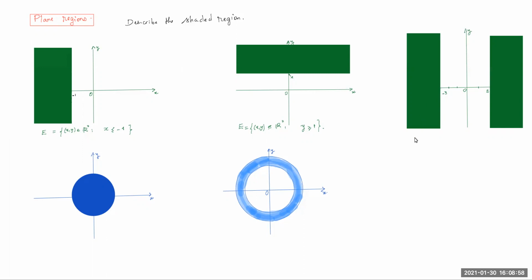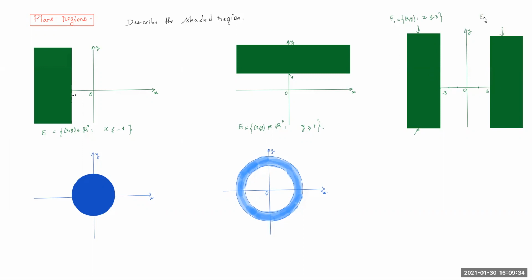This first part, let's write it here. E1 is the set of x, y, like we followed in the first example. We can characterize this set by the points that have a first coordinate less than or equal to -3, while the second part here is E2.